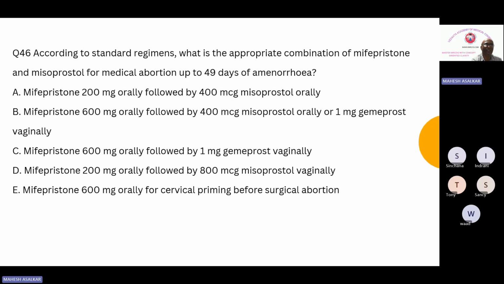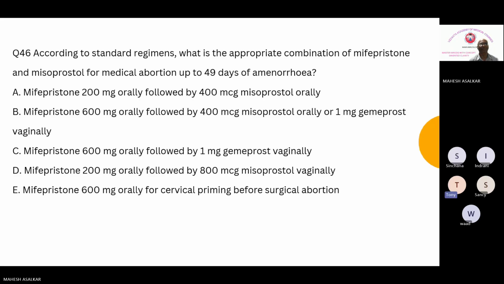Yes, continue, Dr. Anthony. According to the standard regimen, what is the appropriate combination of mifepristone and misoprostol for medical abortion up to 49 days of amenorrhea? Option A: mifepristone 200 mg orally, followed by 400 microgram misoprostol orally. Option B: mifepristone 600 mg orally, followed by 400 microgram misoprostol orally, or 1 mg gemiprost vaginally.